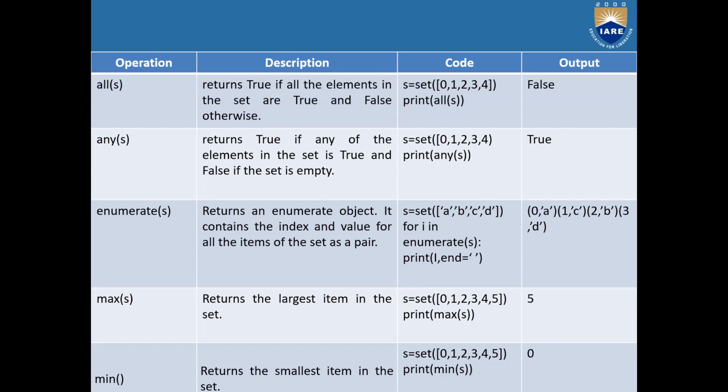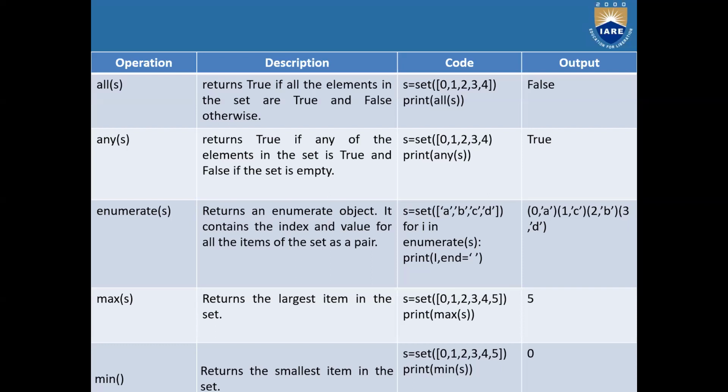Okay. Next, we'll be having enumerate. It returns an enumerate object, that is nothing but it will be consisting of index and value for all the items of the set. Okay. We'll be having pairs in it, which consist of index and value. Next is the max method.